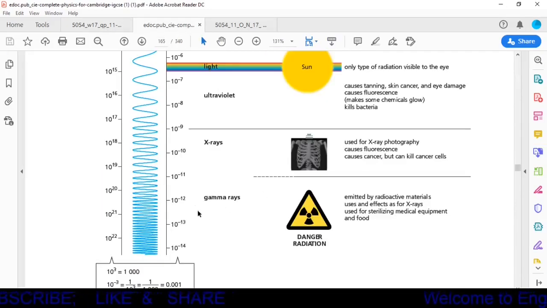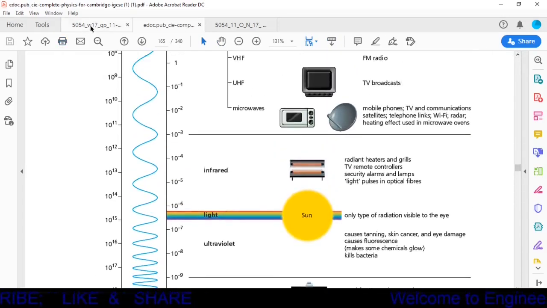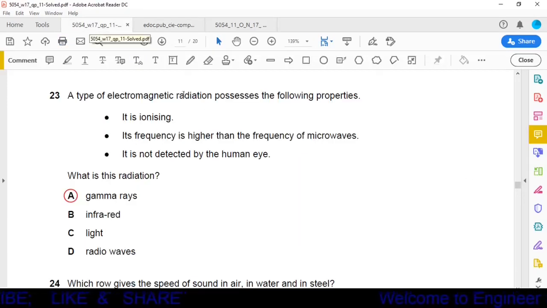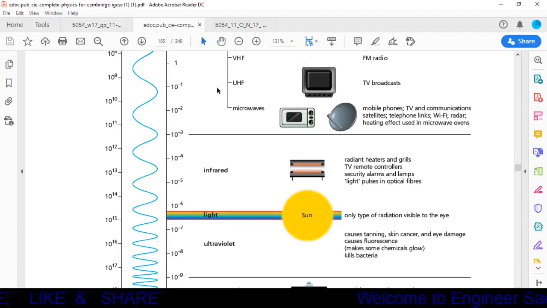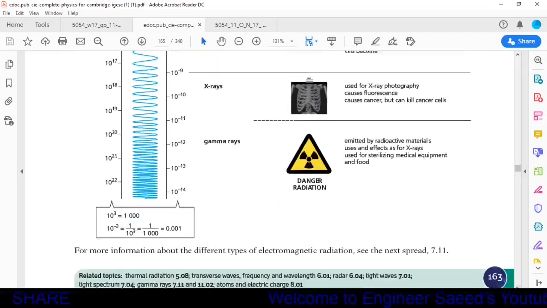Here it is gamma rays. What is microwaves? Here it is microwave. Here we are looking, when we are moving downward, frequency is increasing. So we can say the frequency of the microwave is less and the frequency of the gamma rays is more.